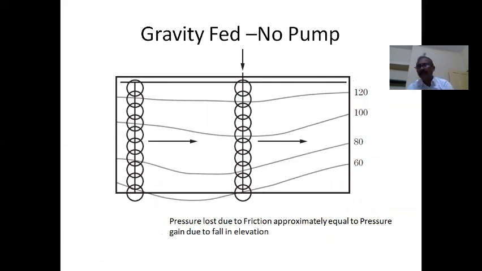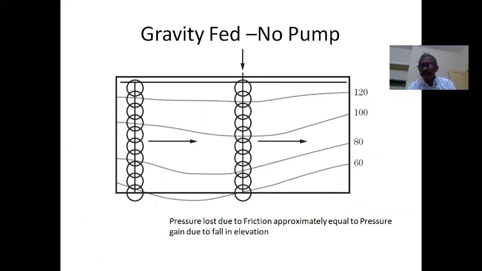If that kind of design is done, then that is a good design. One will be able to operate the sprinkler laterals without a pump also. When you come down, your pressure gets increased because of the fall in elevation.